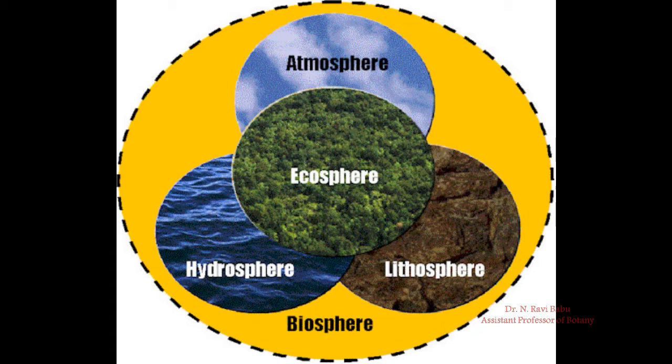The hydrosphere, lithosphere, and biosphere are part and parcel of the carbon cycle. While you consider the Earth's surface and the areas near it, this can be divided into various spheres.